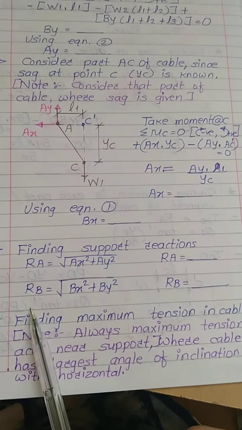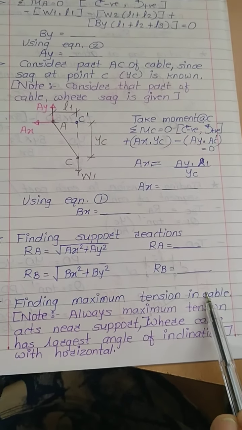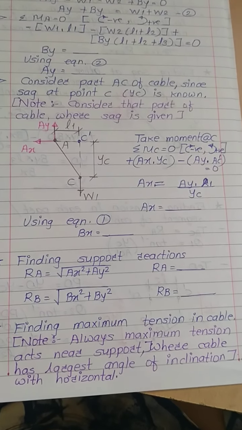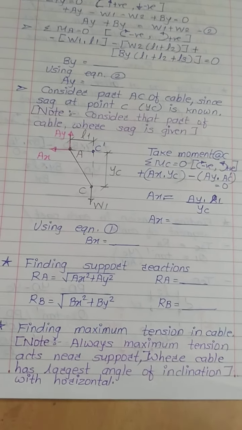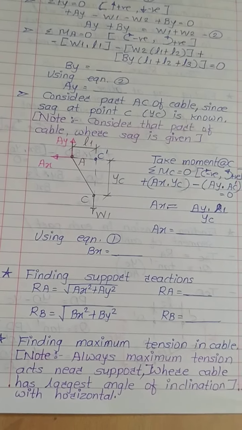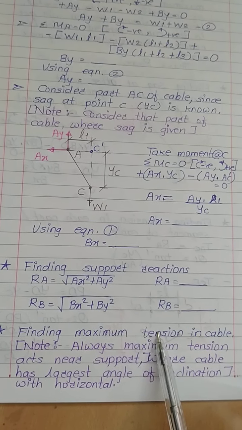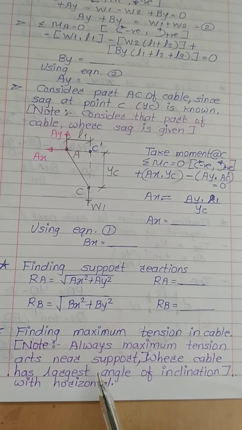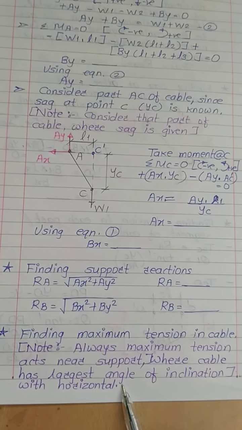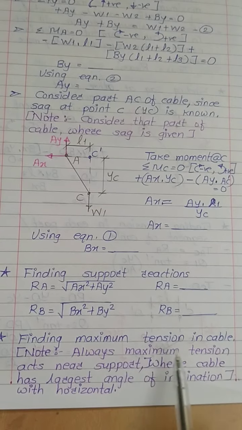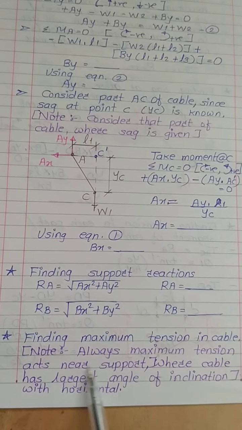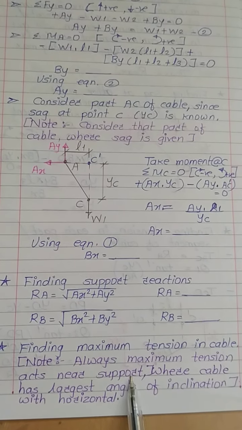Next, we have to find the maximum tension in the cable. How to find it? Here I will give you one trick. Maximum tension always acts where the inclination is larger with respect to the horizontal axis. Maximum tension will act near the support, which means you have to find Ra and Rb.